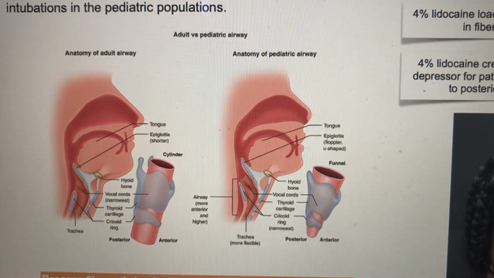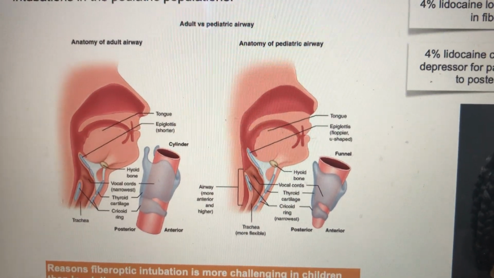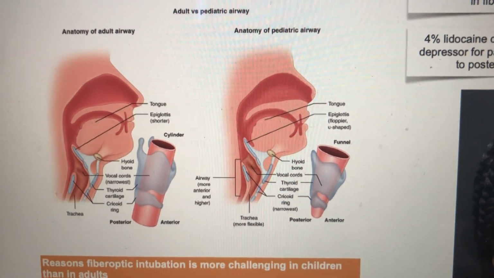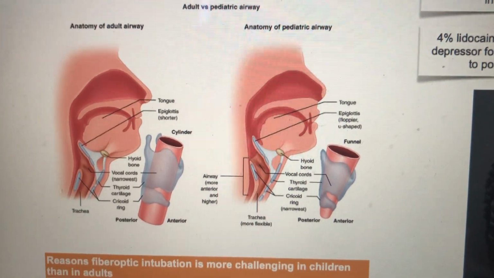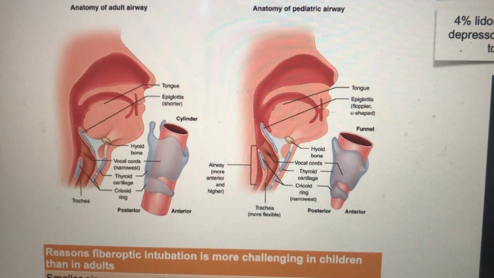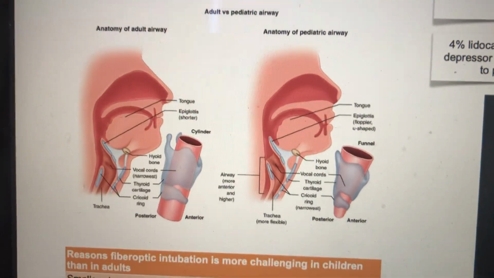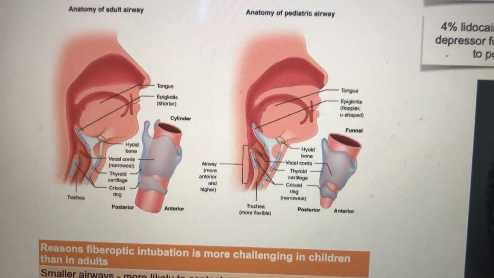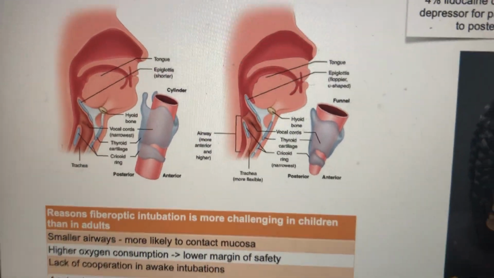So as we can see in this picture, the pediatric airway has its narrowest portion below the vocal cords, which means that just because you are able to get your tube through the vocal cords does not necessarily mean that it will pass all the way through to the mid portion of the trachea where you would like it to sit.